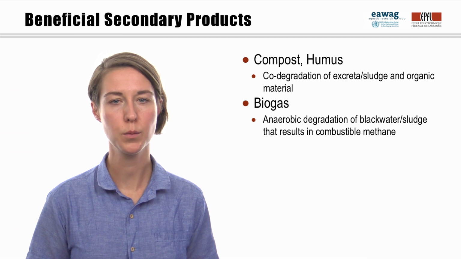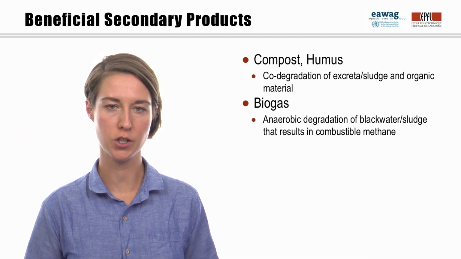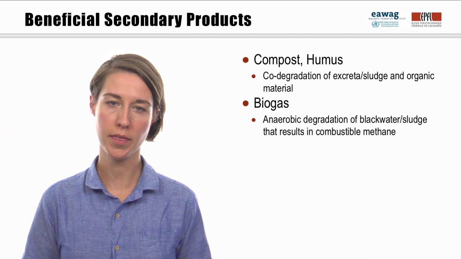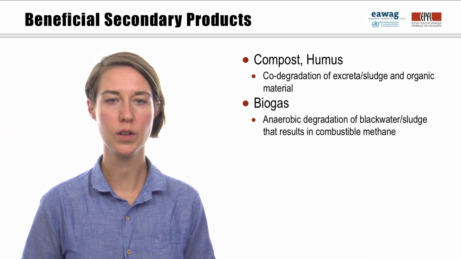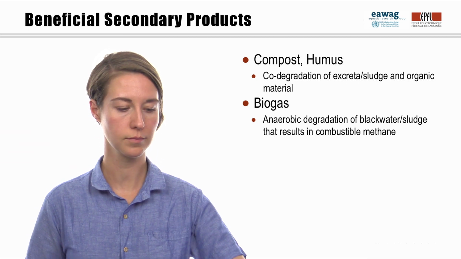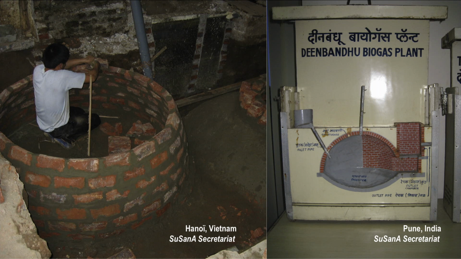And biogas, which is the result of anaerobic digestion and consists mostly of methane, can be collected and used as a fuel for cooking and lighting. These types of beneficial products are not difficult to produce, but they must be considered in the early stages of sanitation planning so that the most value from the system can be obtained without waste. Here we see a diagram and an example of a fixed dome biogas reactor.